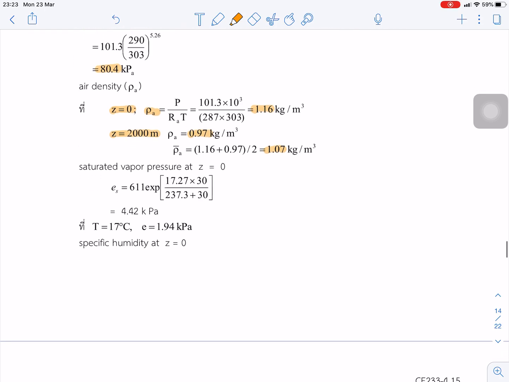Next we estimate the saturated vapor pressure using the air temperature. We get 4.4 kilopascal at z0. At z equal to 2 kilometers, the temperature is 17, so we can estimate the saturated vapor pressure is about 1.93, which should be es.